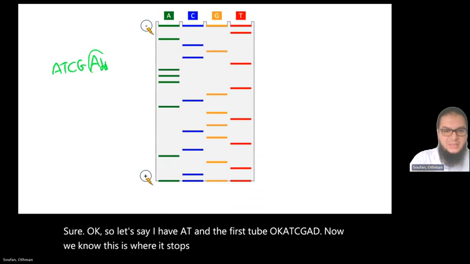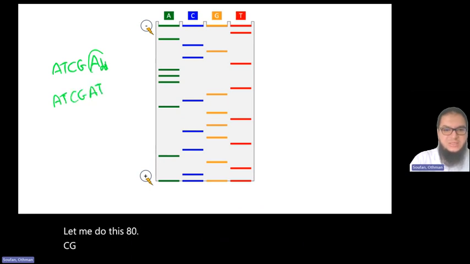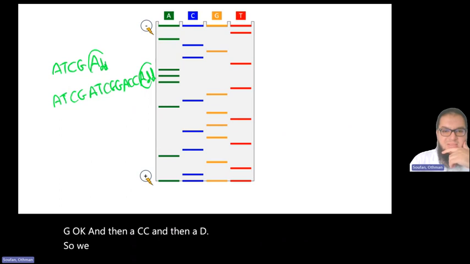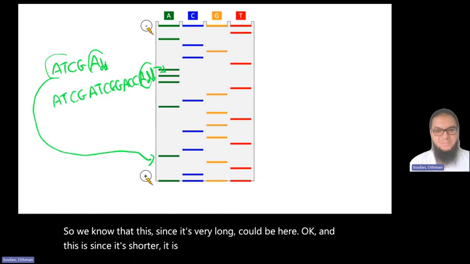And then let me do this, A, T, C, G, A, T, and then C, G, G, okay, and then A, C, C, and then A, ddA. So we know that this, since it's very long, could be here, and this, since it's shorter, is the one here.